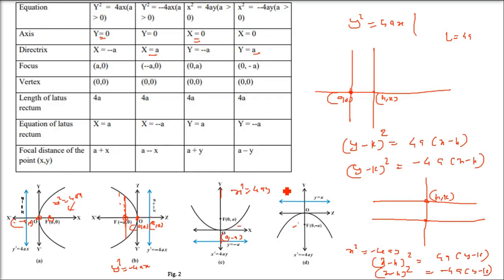And this parabola is used in most places because of its special properties. So parabolic reflectors are there. We use them in cars and automobiles. When the light is coming, all this light will come at the focus.